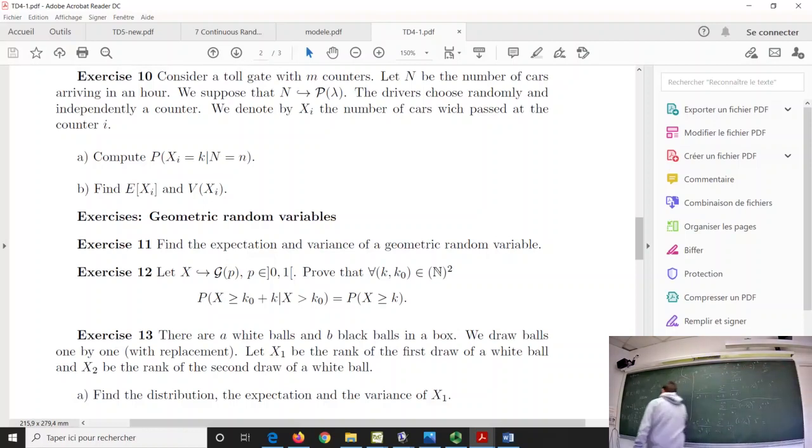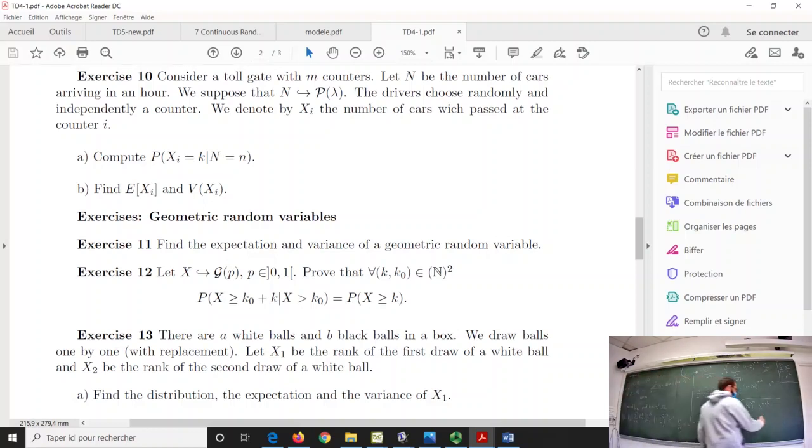I repeat, you know this. So it's exactly what I have here, with x equal to 1 minus 1 over m times lambda.